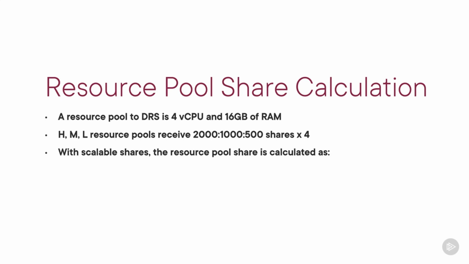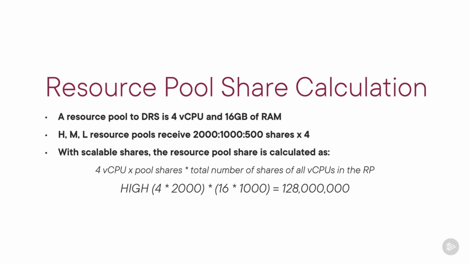Now, with scalable shares enabled, the resource pool share is calculated with this formula, where it's 4 vCPUs times the number of pool shares, which in the case of the high resource pool would be 2,000, times the total number of shares of all vCPUs in the resource pool. Now, a single vCPU receives 1,000 shares.